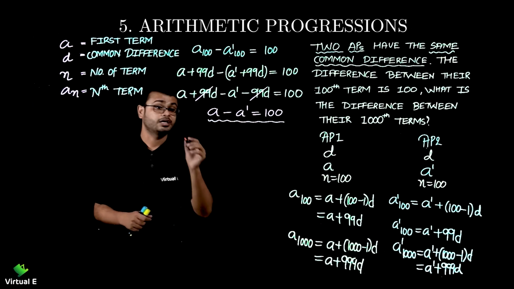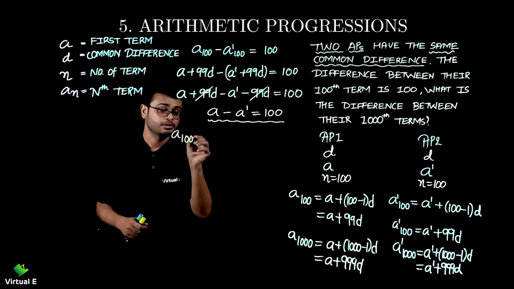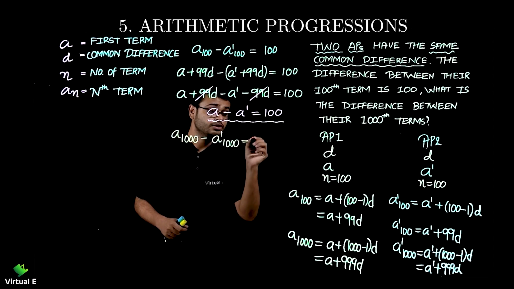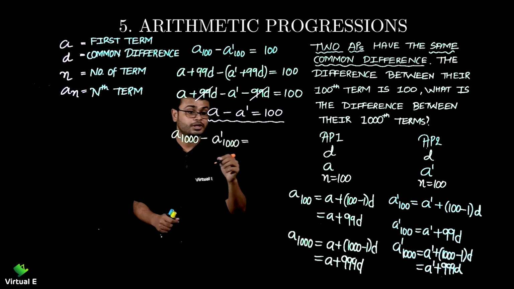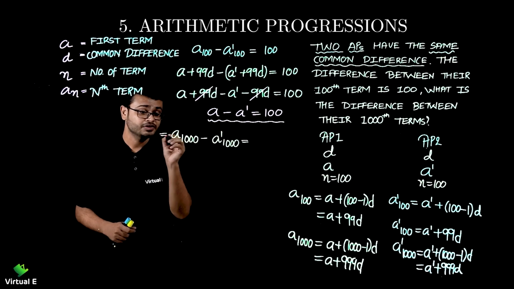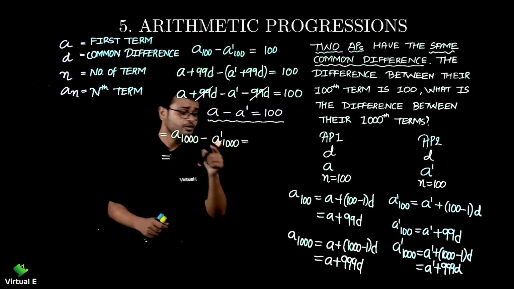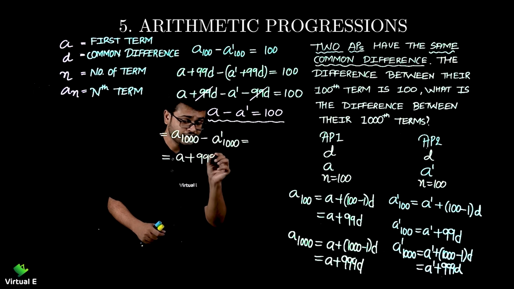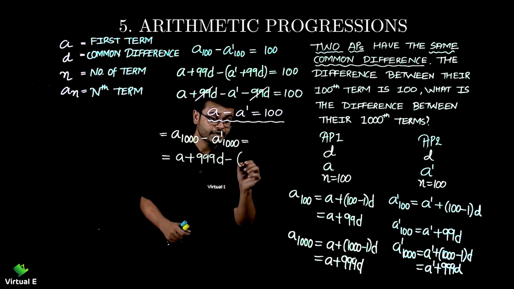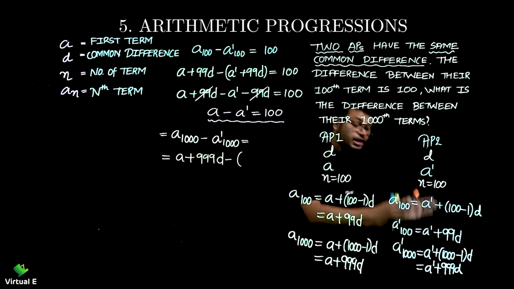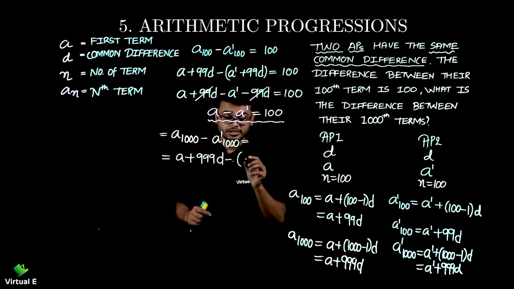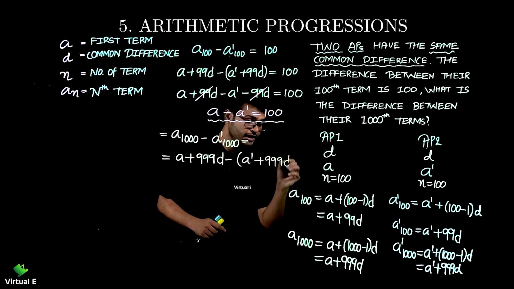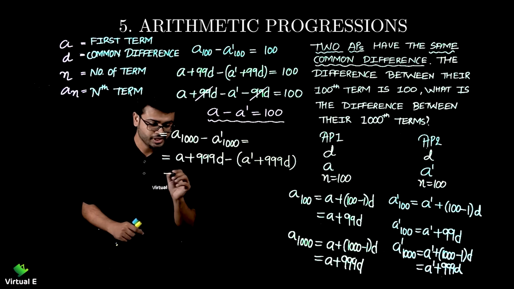So here A1000 minus A dash 1000 is equal to what? We want to find that one. Let's substitute the values first: A plus 999D minus, I told you if there is more than one term, we need to keep it in brackets, (A dash plus 999D). Done. So let's open the bracket.